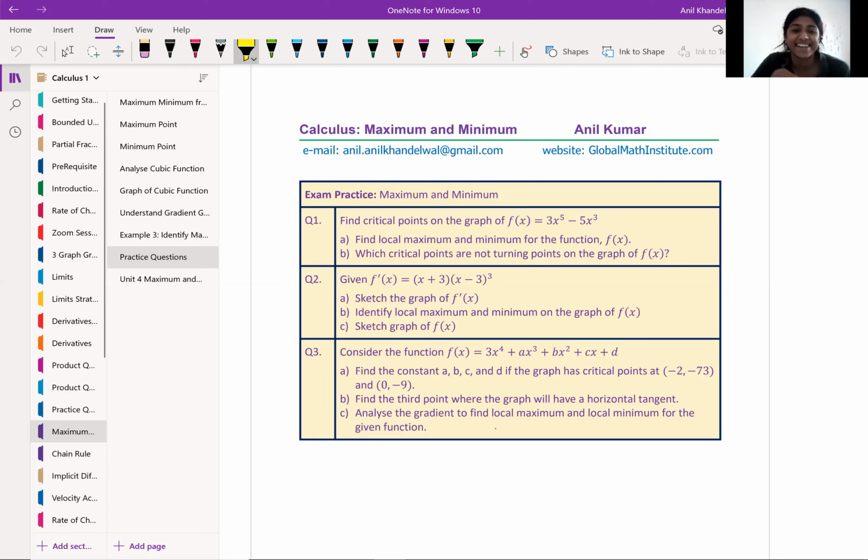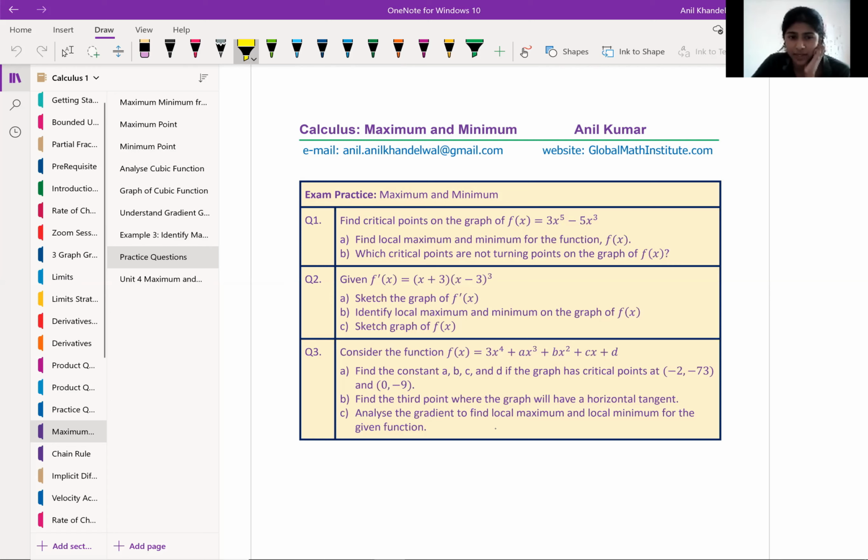It is exactly similar to our example number 2, where you have to sketch the graph and answer the questions. Since you have the function itself, it gives you a fairly good idea of even finding the accurate values. But even if you don't have accurate values for the graph of the function f of x, it is okay.